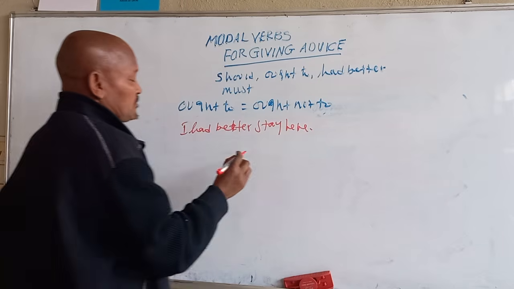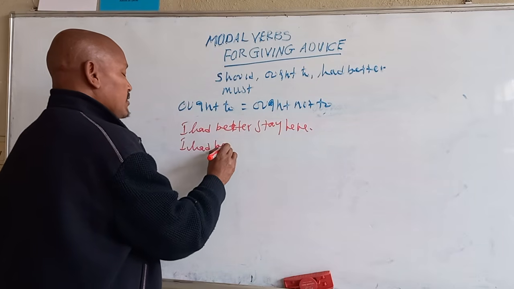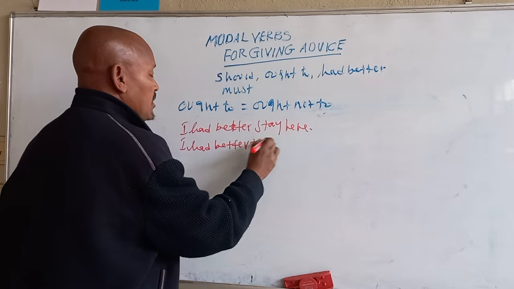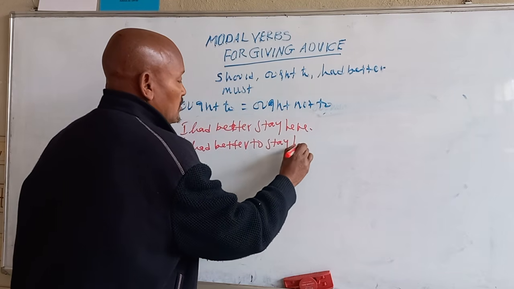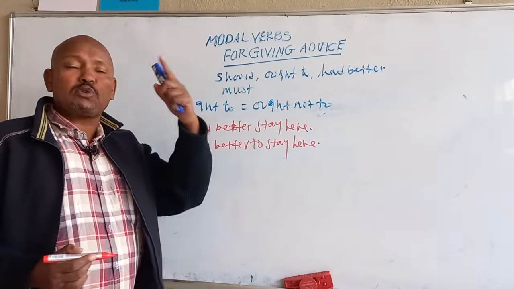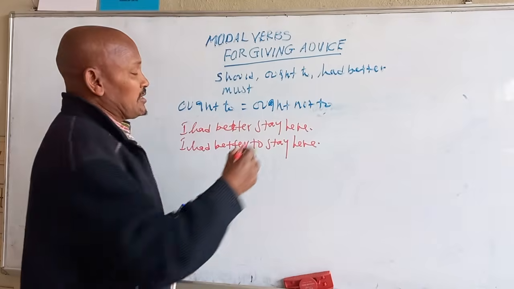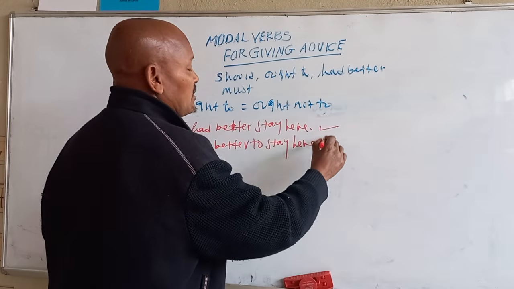If you write like this, look here: I had better to stay here. Which one do you think is right, and which one is wrong here? Because of the structure of using had better, this one is right, but this one is wrong.